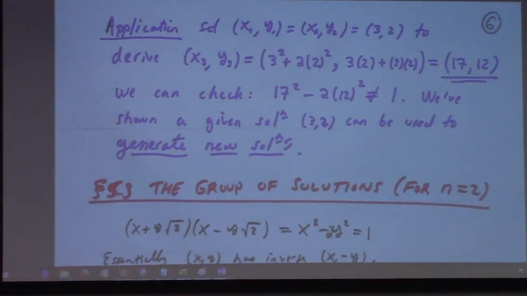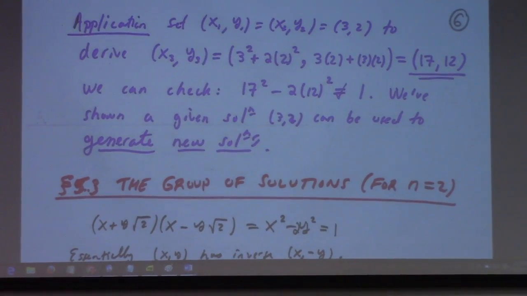multiply them, if you view your solutions not as pairs of integers, but instead as numbers in the algebraic integers, Z adjoin the square root of 2, then you can multiply it by itself, for example. Just take 3, 2 times 3, 2, you get 17, 12 as a solution.